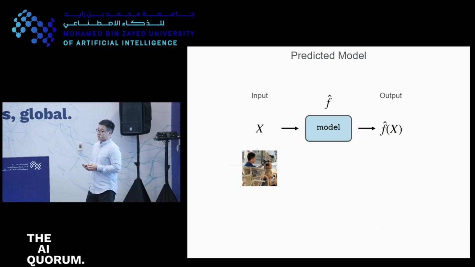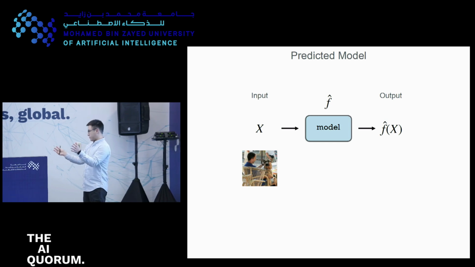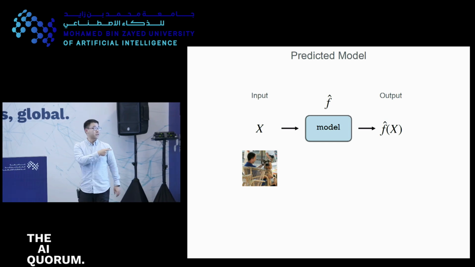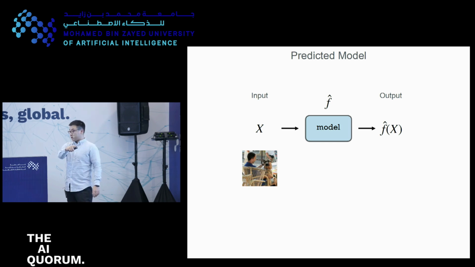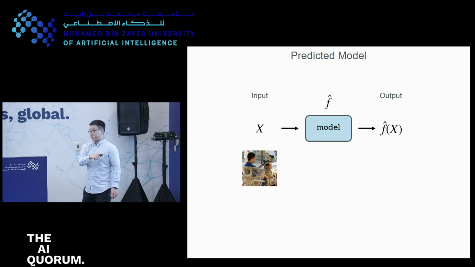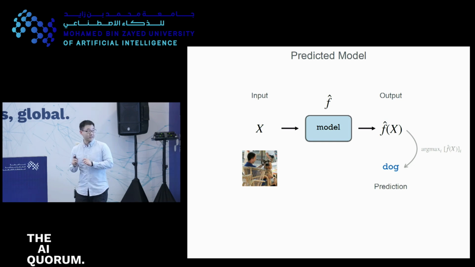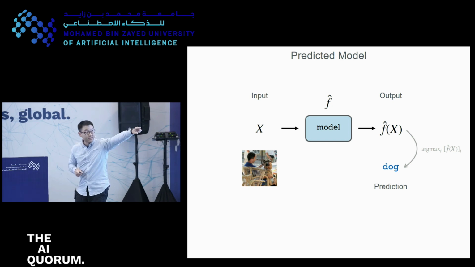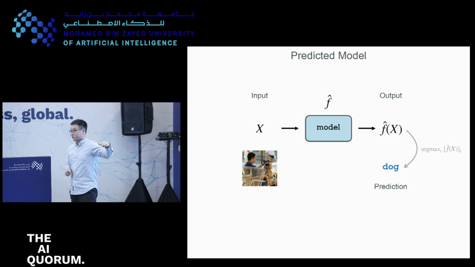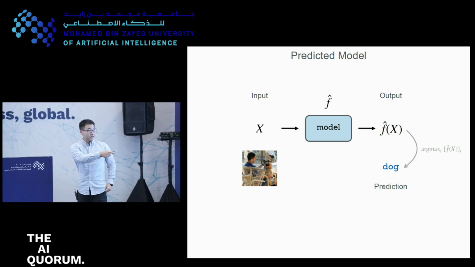Given this learned predictive model f hat, what people usually do is take a test input X, go through the model, and get the output f hat of X. Then, as with a lot of deep learning models, just take the argmax of the output and make the prediction, which here is a point prediction, which is a dog.